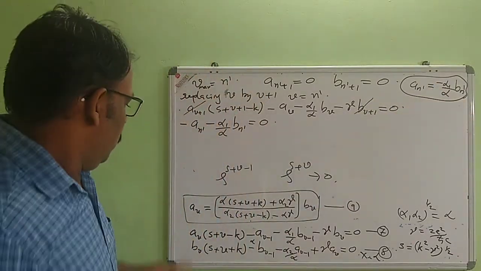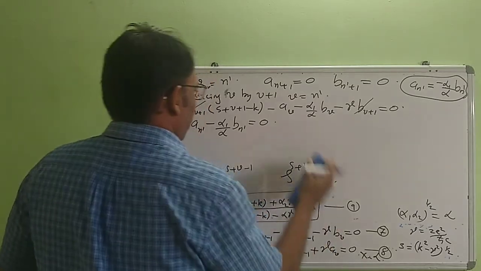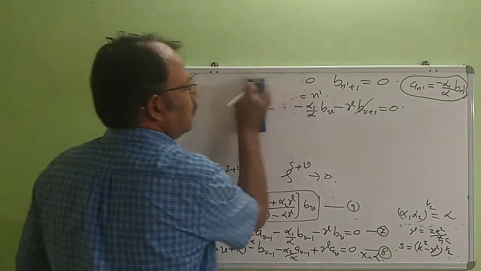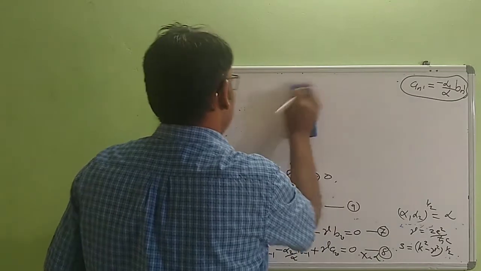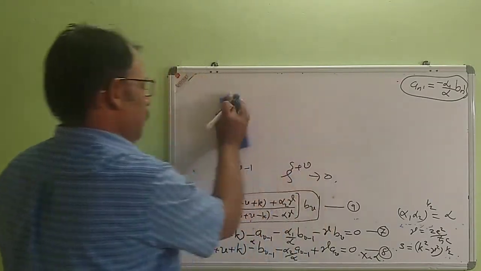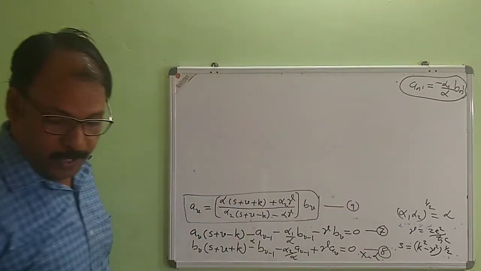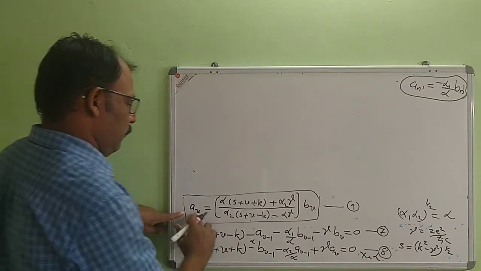Now from this equation, this coefficient, we will calculate the value when v equal to n prime. I am taking the maximum value.